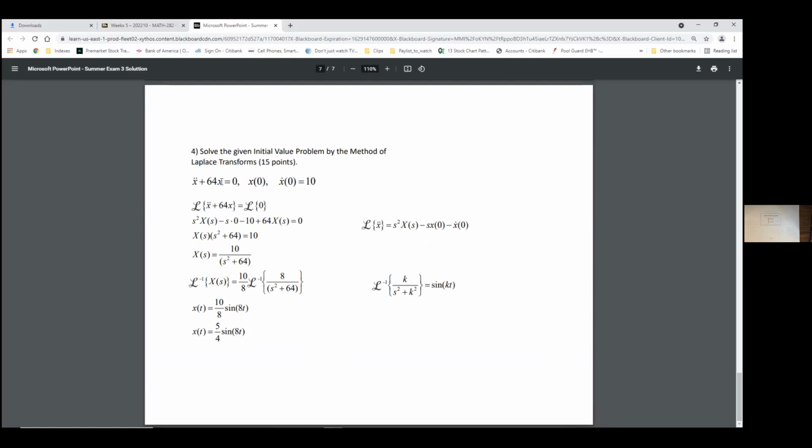If you take a look at this differential equation, forget about Laplace transform. This differential equation is telling me that my general solution is going to be sines and cosines, because this is m squared plus 64, and so that's going to become m equals plus or minus i times 8.